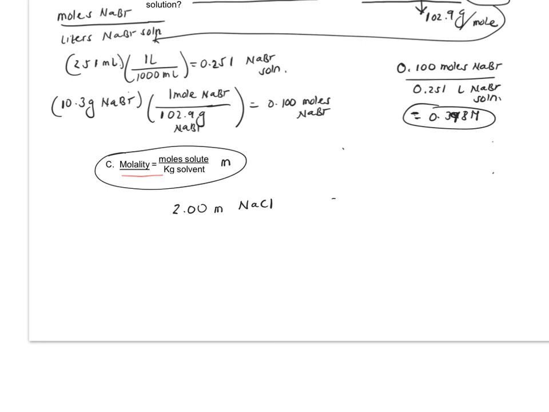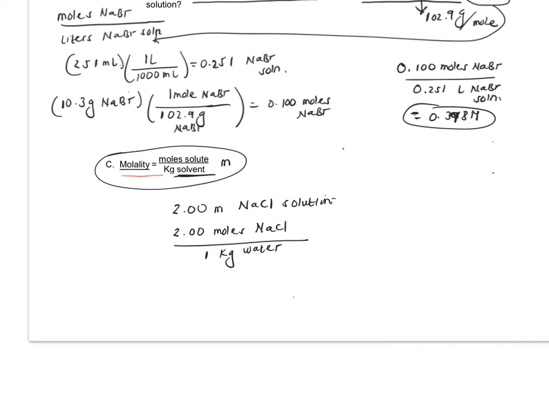So this can also be interpreted as 2.00 moles of sodium chloride, by the way, this is sodium chloride solution, per 1 kilogram of water. Students often get confused that molality is not per kilogram of solution, it's per kilogram of solvent.